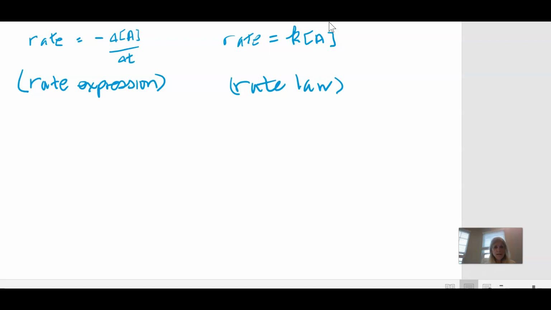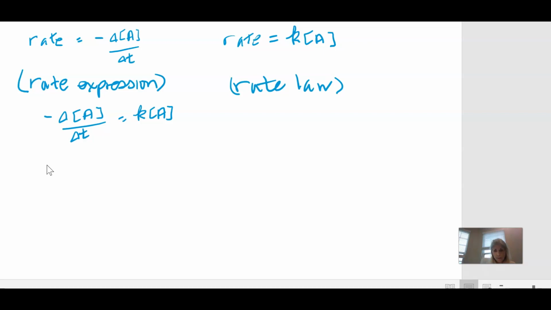Now you can see that rate must equal rate, so I'm going to substitute and say that this component equals this component. The negative change, negative because A is being consumed, negative change in concentration of A with respect to time equals k times the concentration of A.